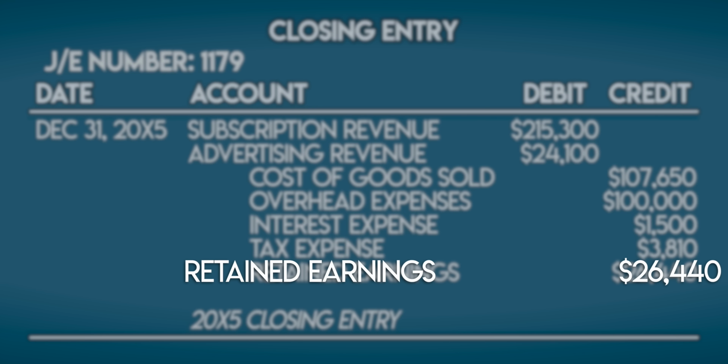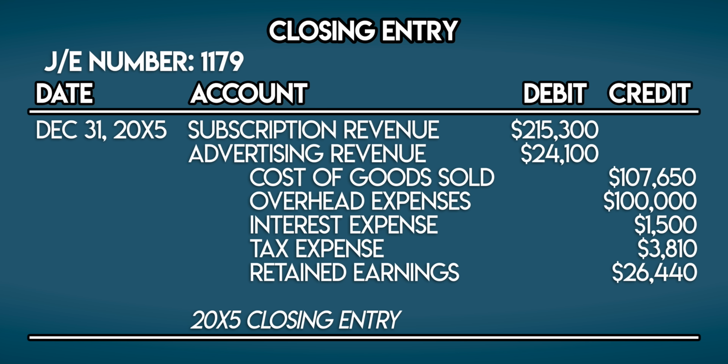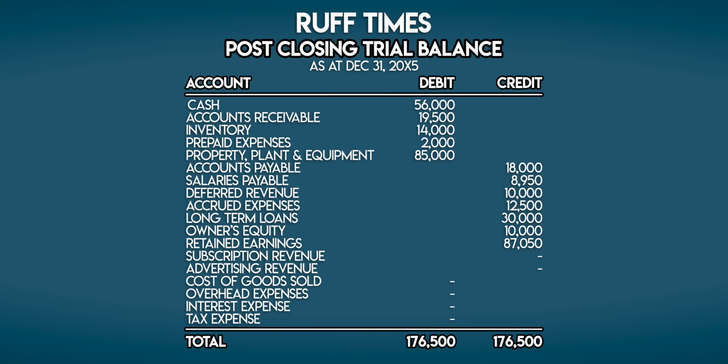The balance of $26,440 goes to retained earnings in the equity section of your balance sheet. These are your profits that you're holding onto for the future. So if we look at your trial balance again, then we can see your revenue and expense accounts have been reset to nil. And now you're ready to tackle the new year.